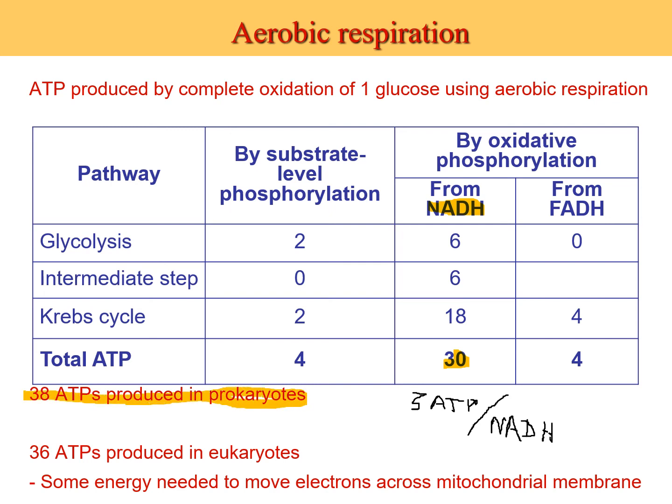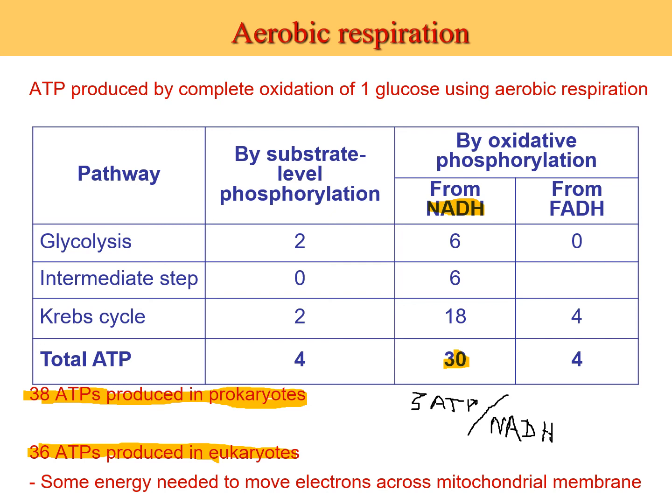That's in a prokaryotic cell, bacteria. It's less in eukaryotic cells because a lot of the ATP is produced in the mitochondria, right? And it takes some energy to move the electrons that are involved across the mitochondrial membrane.